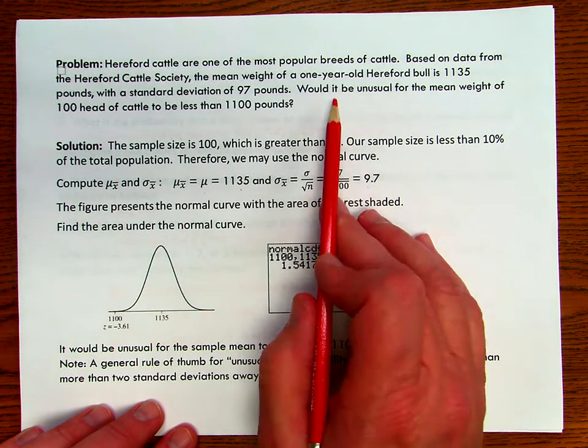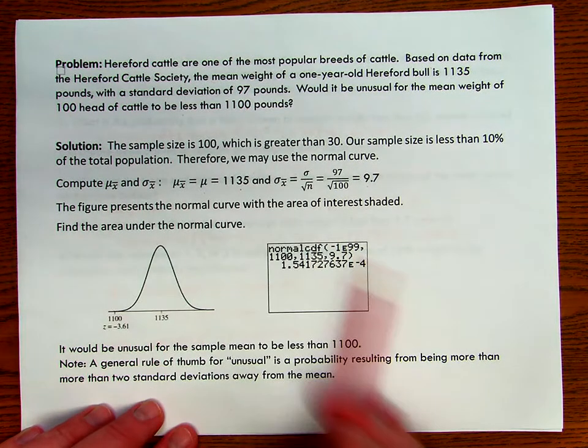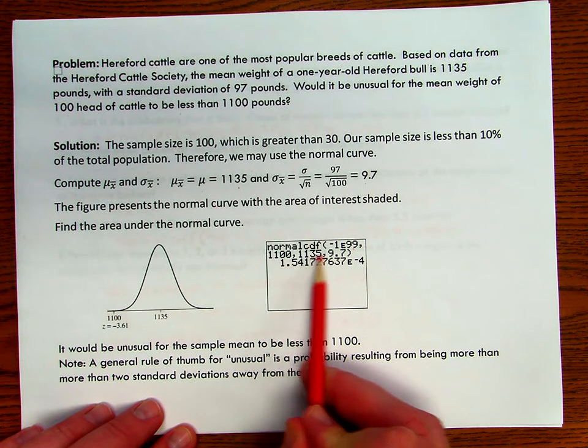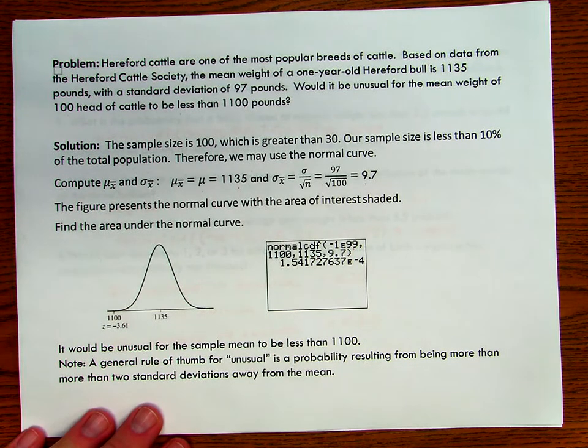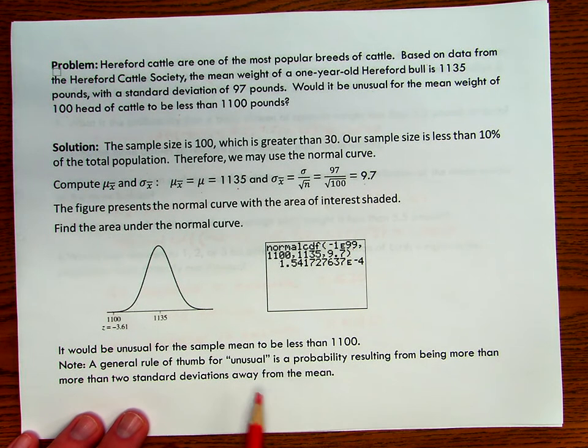We are looking for unusual for the mean weight of less than 1,100 pounds. So, less than 1,100 pounds: lower bound, upper bound, mean, standard deviation. And we are looking for a percentage of less than 5%, or another way, if you're dealing with a normal curve, which we are, we can do the more than 2 standard deviations away from the mean.